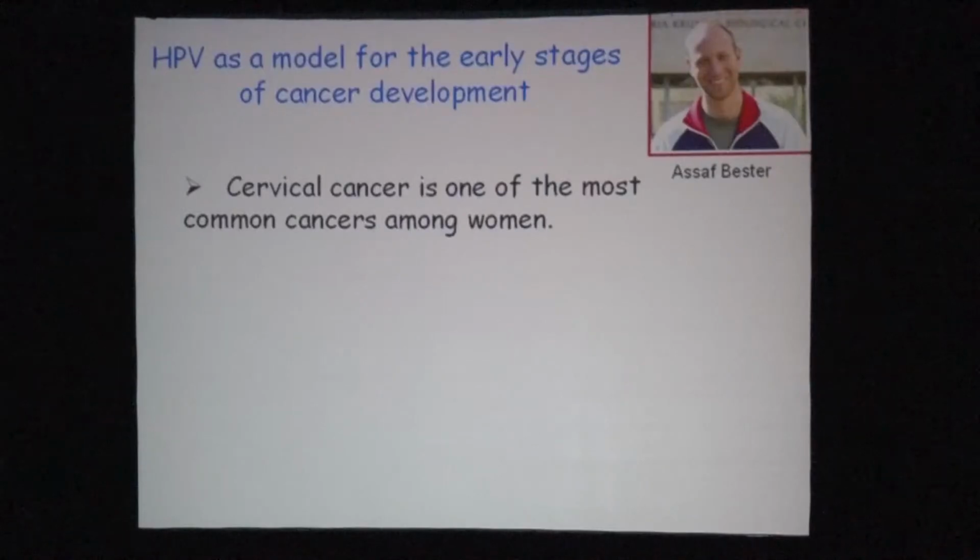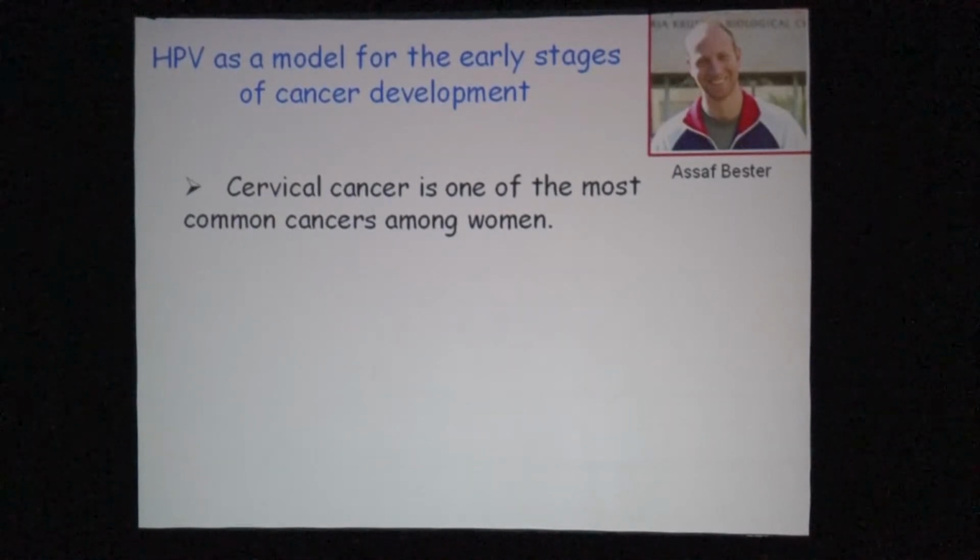Okay. So the question that we in the lab asked is, what is the molecular basis for this instability in early stages of cancer development? And this project was initiated by a very, very talented PhD student, Asaf Bester, who is now in Boston for his postdoctoral fellowship.